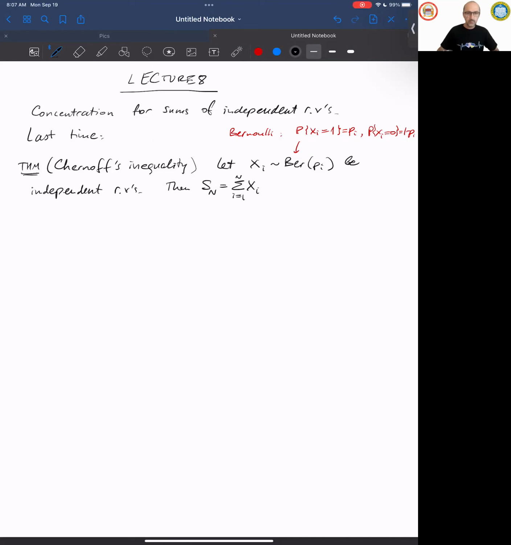Sum of 0s and 1s will get us some number, and the mean or expectation of the sum. The expectation of each xi is pi, and so the expectation of the sum is the sum of pi's. Let's call this value mu.